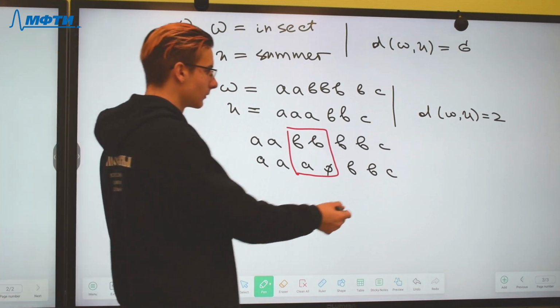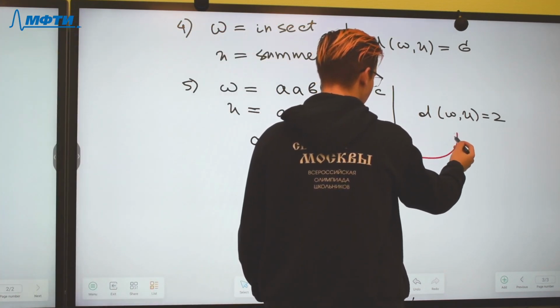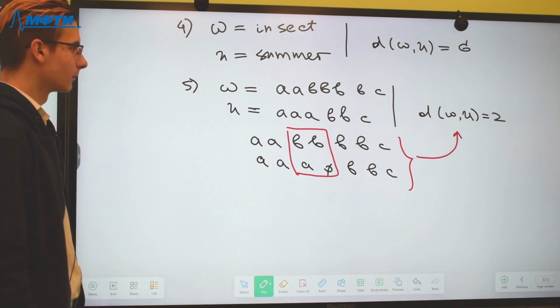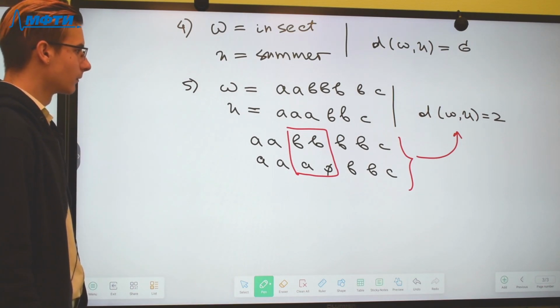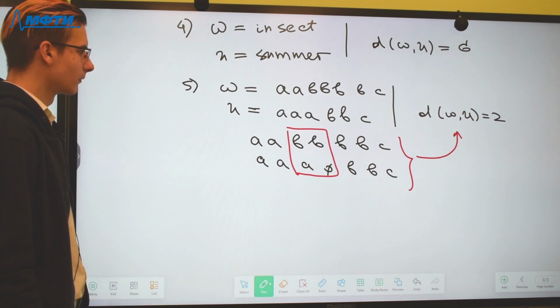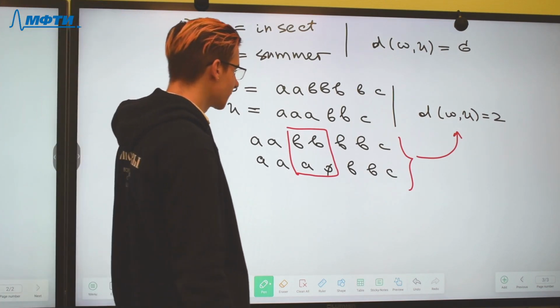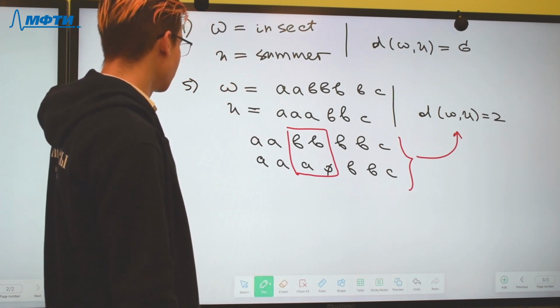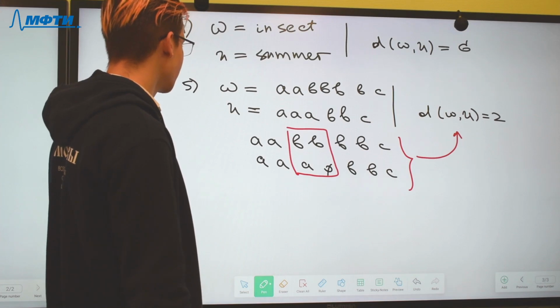Professor, we have to start both the strings from the beginning of each other. For example, couldn't we add empty in the beginning of the second one? Is it possible? It is possible, of course, but in this example, we can't add it.